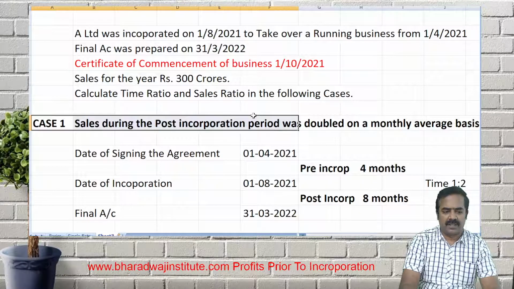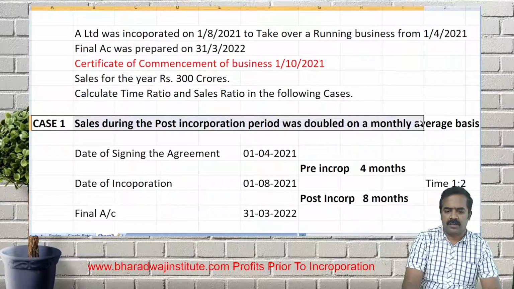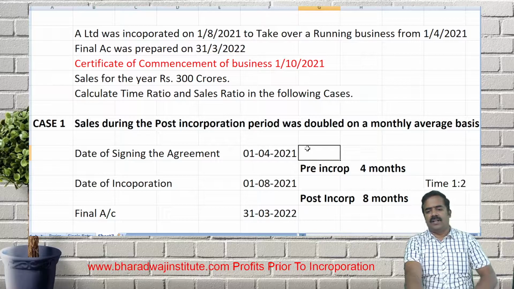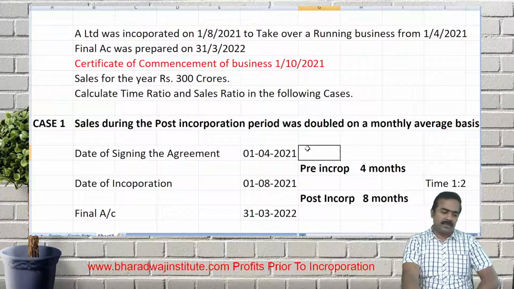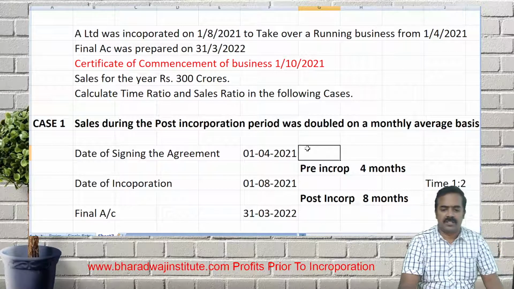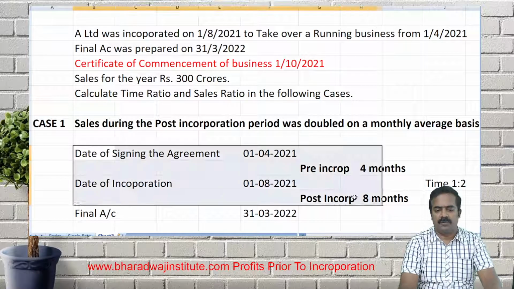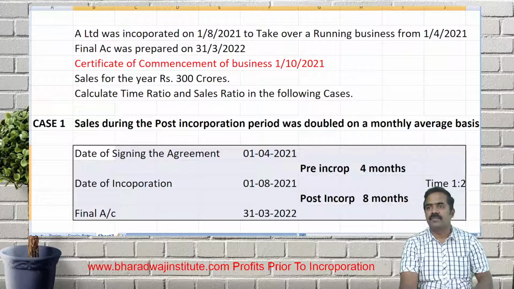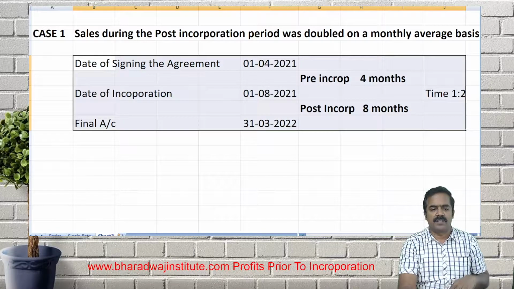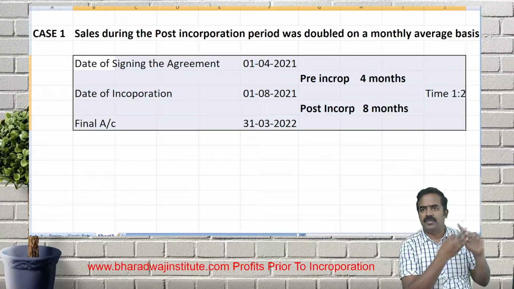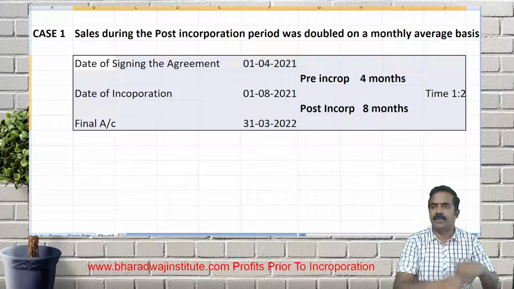Now case 1. Sales during the post-incorporation period was double that of the pre-incorporation period on a monthly average basis. So let us work it out. Time ratio is common for all the cases. First 4 months, April, May, June, July: 4 months pre, 8 months post.